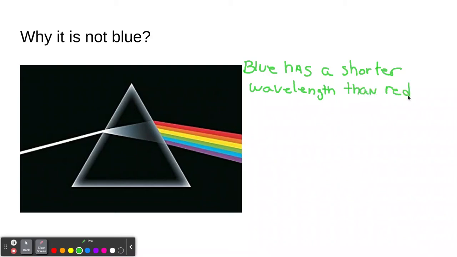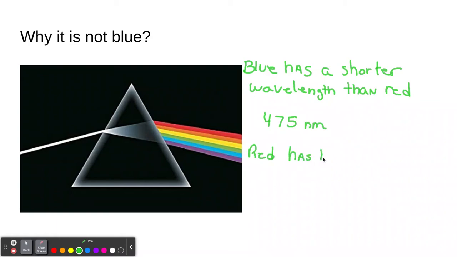I should have used blue, right? It's not the shortest wavelength of visible light. Actually, violet is. But our eyes do not have violet cones, so we don't see violet as well as blue. So if you're looking at the wavelength of blue, it's about 475 nanometers. Put nm, nanometers. But red has the longest wavelength of visible light.